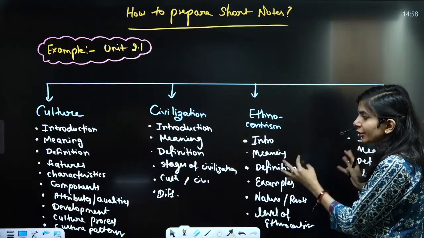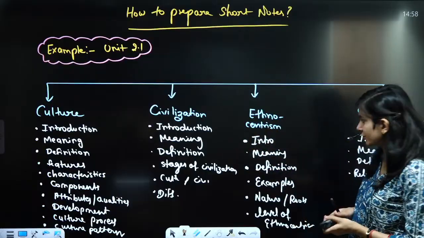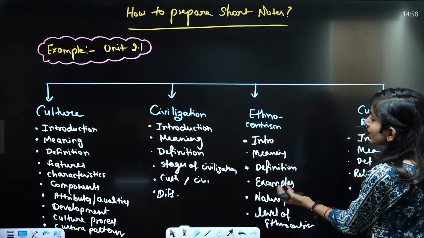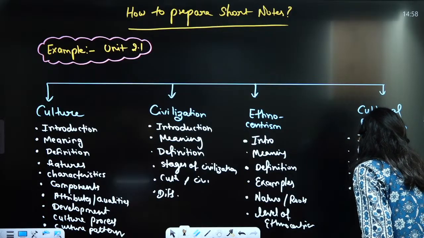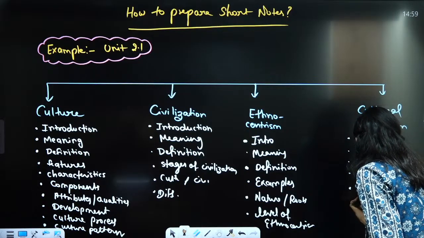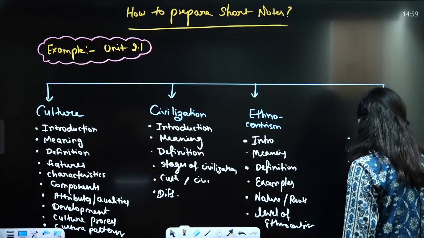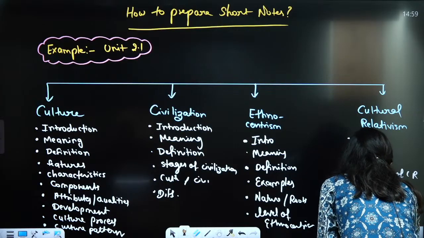I would let you know where and at which point you are missing. I will be providing you extra material for that. So after the relevance, we need to create a difference: ethnocentrism versus cultural relativism. After you are done with this, you have to mention cultural relativism and human rights.